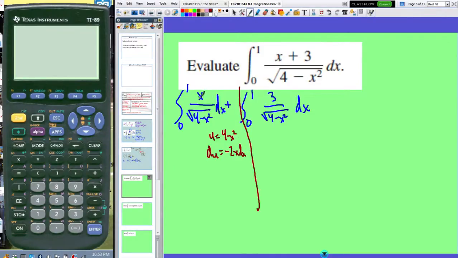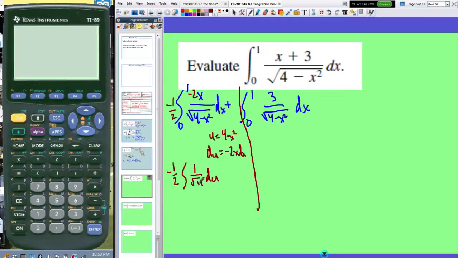I don't have a negative 2, so I have to create the negative 2 and then have the reciprocal, negative 1/2, multiplied out here. So I get negative 1/2 times the integral of 1 over the square root of u, du. I'm not going to worry about changing the limits. The way I like doing this is substituting the stuff back in and still using the 0 to 1.